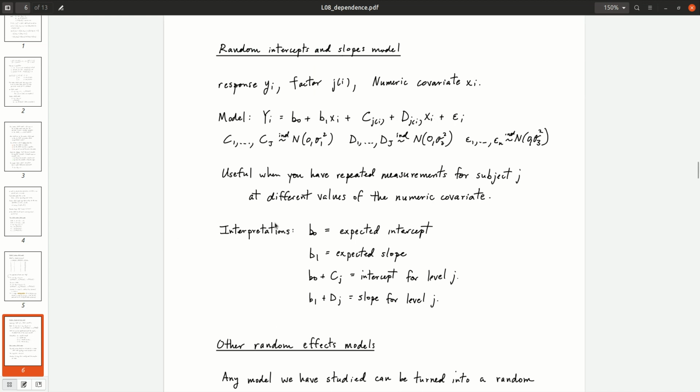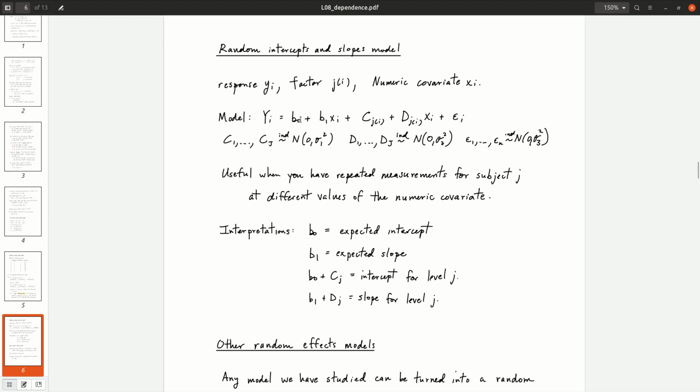Okay, so what are the interpretations of these coefficients? So B0 is the expected intercept. How do we get that? If we plug in xi equals 0, we're going to get yi is B0 plus 0 plus C sub j of i plus 0 plus epsilon.